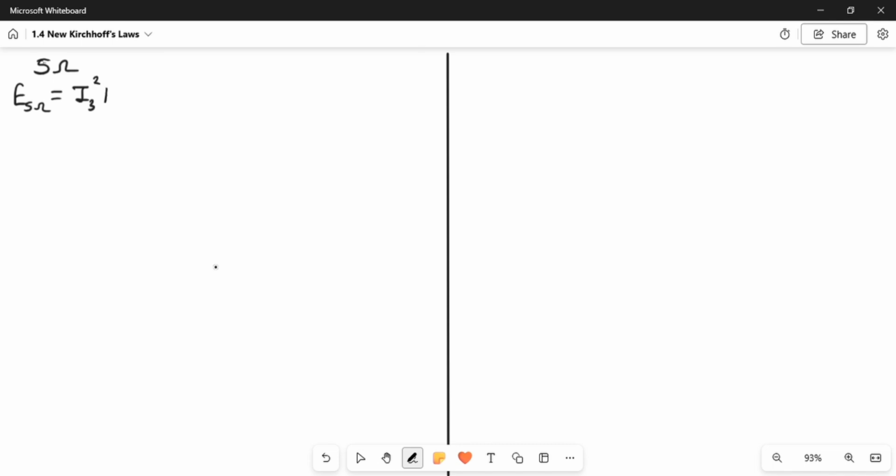So say I3 squared times RT, which gives us I3 is 0.917 ampere times 5 times 180. That gives us 756.80 joules.